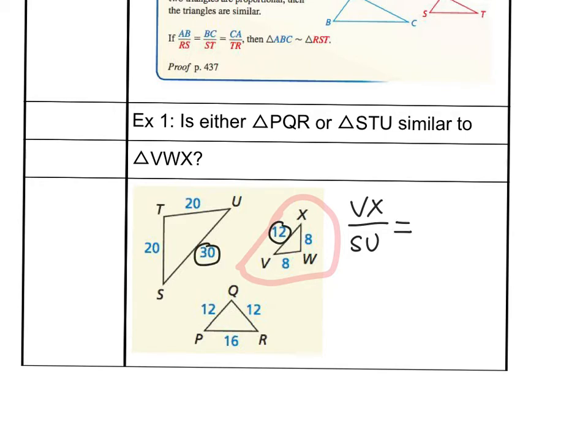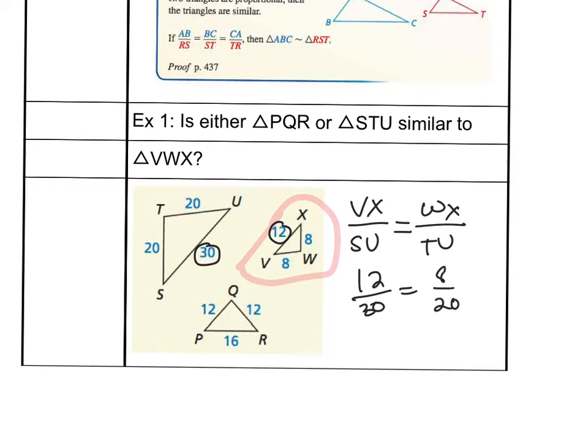This is an isosceles, if you can't already tell this. And then I have, let's say, WX over TU. So VX is 12, SU is 30, and that is going to be proportional to 8 over 20.